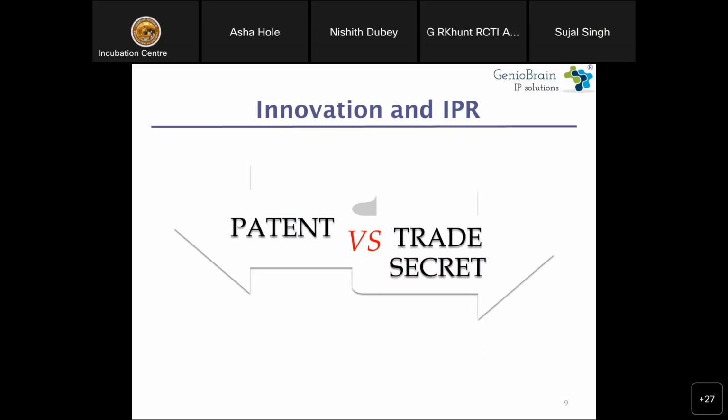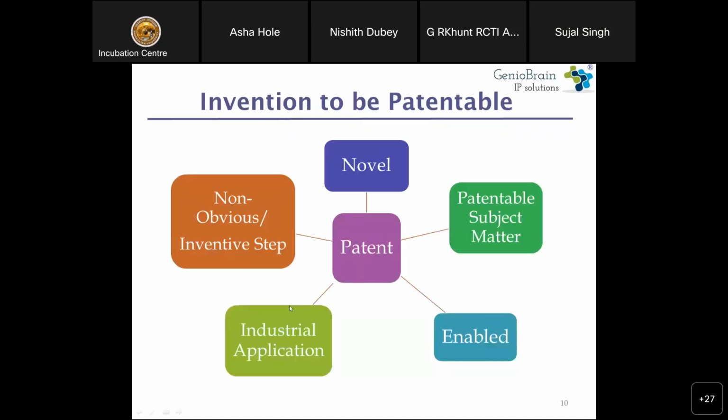That's our motto today. That's why we have divided the journey of innovation to IPR into different sectors. The first sector is patent versus trade secret. I know many of you know what a patent is and what a trade secret is, but what I want to convey is when to file a patent and when not to file a patent.